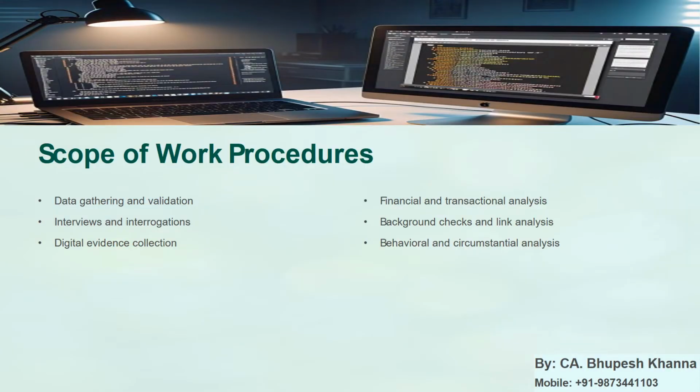Next topic is Scope of Work Procedures. FAIS 330 outlines the range of work procedures that a forensic professional may be required to perform. Data gathering and validation, interviews and interrogations, digital evidence collection, financial and transactional analysis, background checks and link analysis, behavioral and circumstantial analysis.